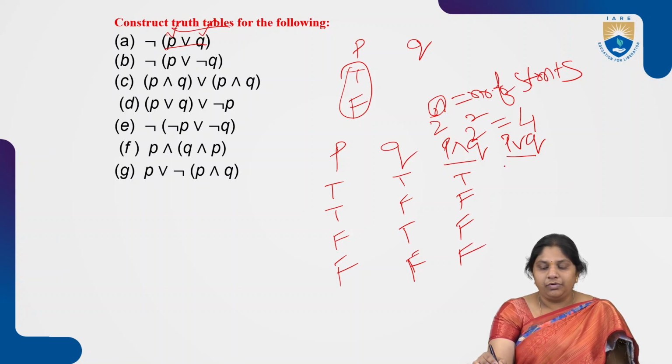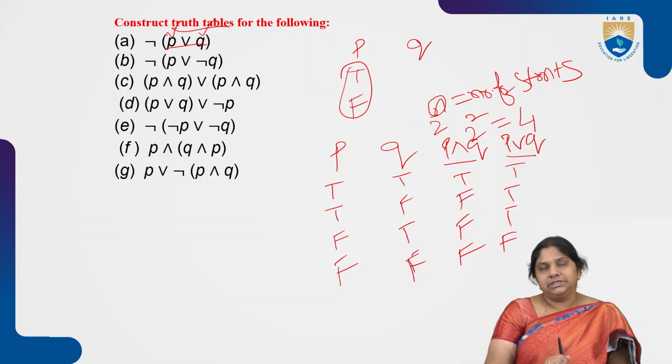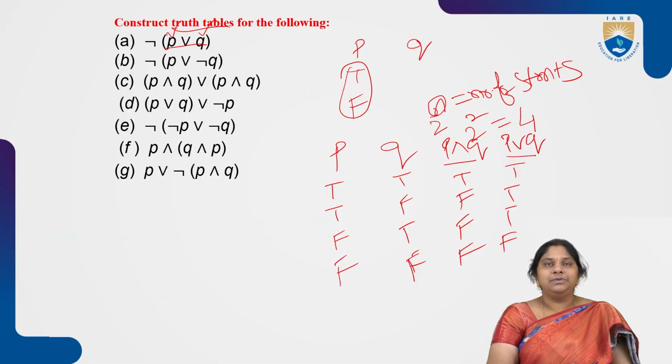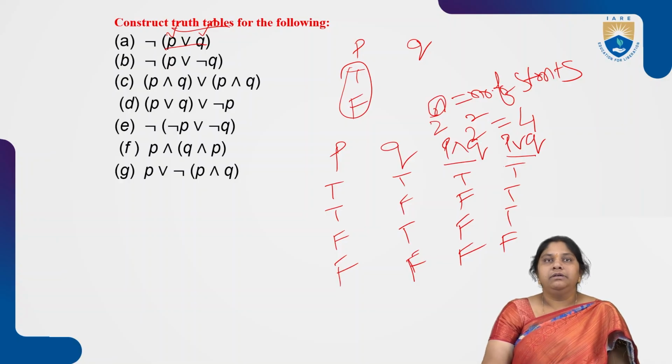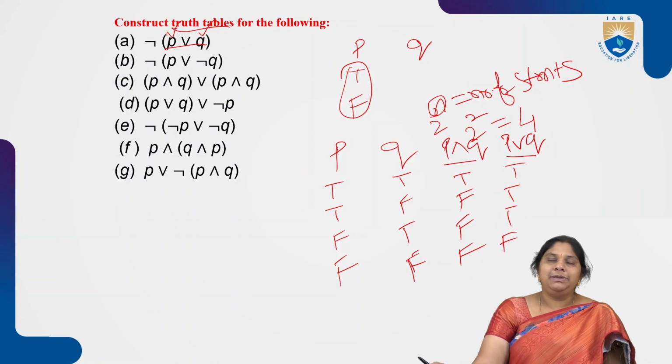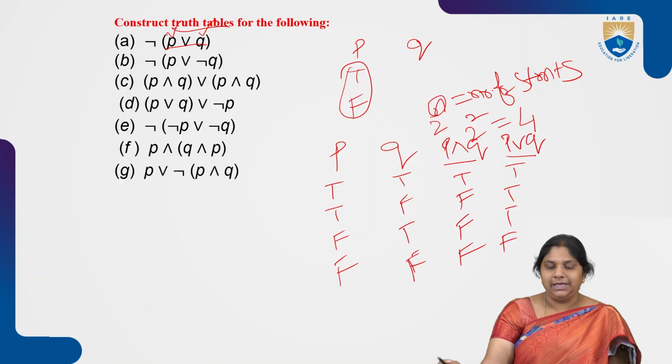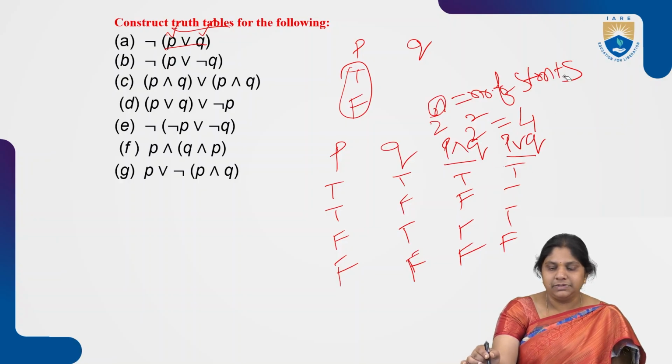P or Q gives true for everything, and false only if both are false. Like that we can generate the truth table. In this video we are going to see examples of various problems, how we can generate truth values, and what kind of compound statement truth values there can be. So let us see the examples one by one.